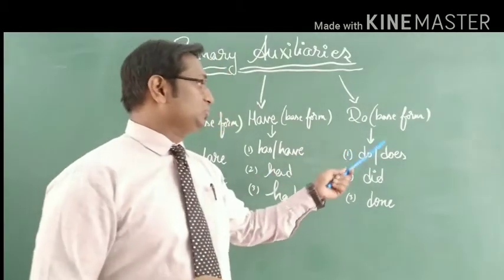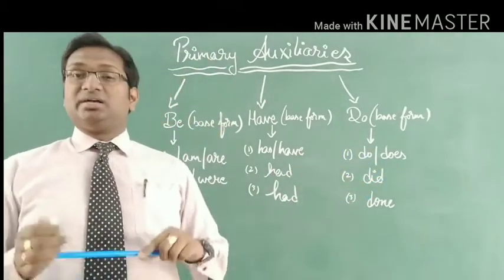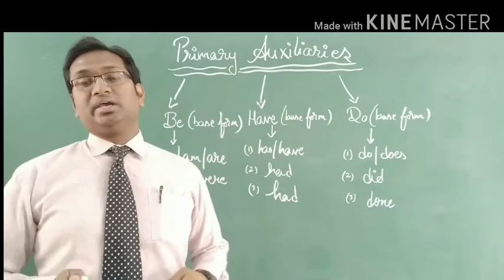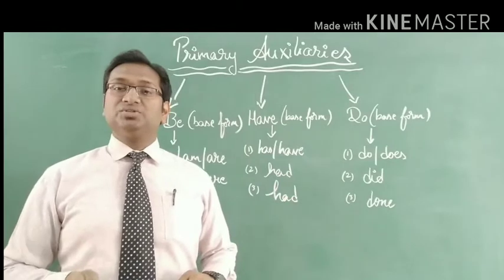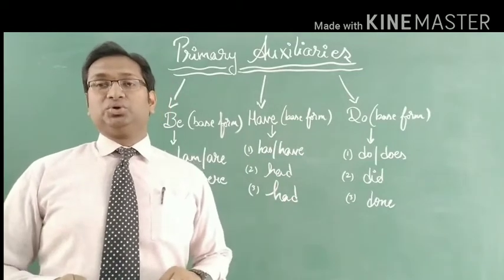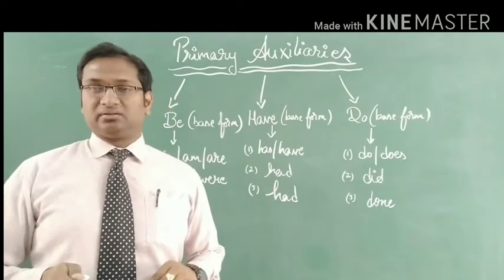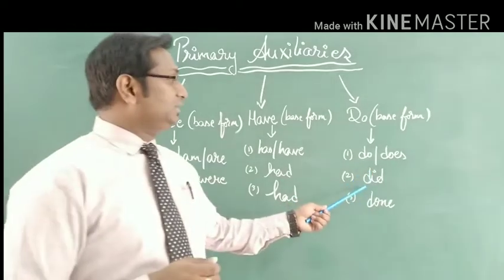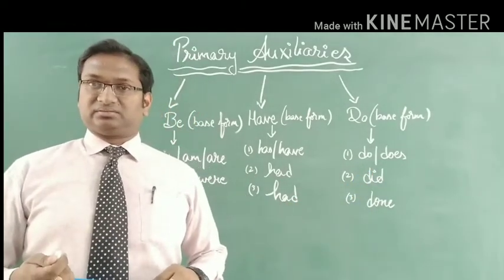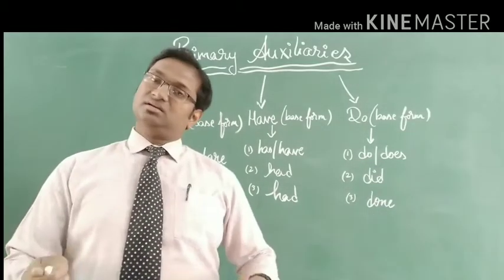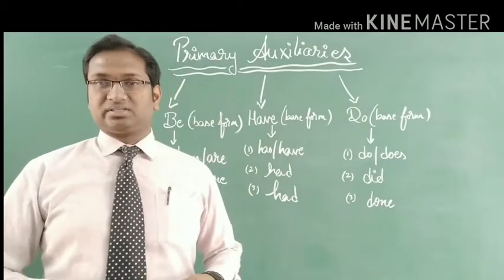Third base form do: do, does. Does we use for he, she, it. And do we use for I, you, we, they. Did we use for all these subjects. Done, same for all these subjects.